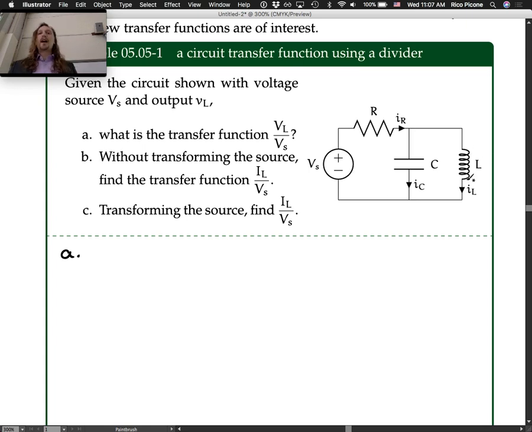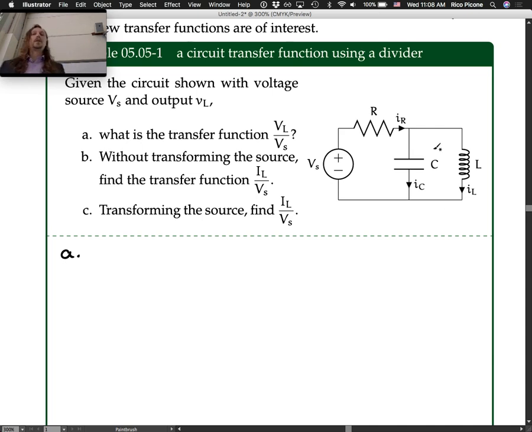Our output element is L, right? We want to combine things to make the circuit look like a voltage divider without combining away our output variable. Our output variable is the voltage across L. I hope you can see that if you combine L and C together, we have two impedances in series with the voltage applied across, so we have a voltage divider, which is great.